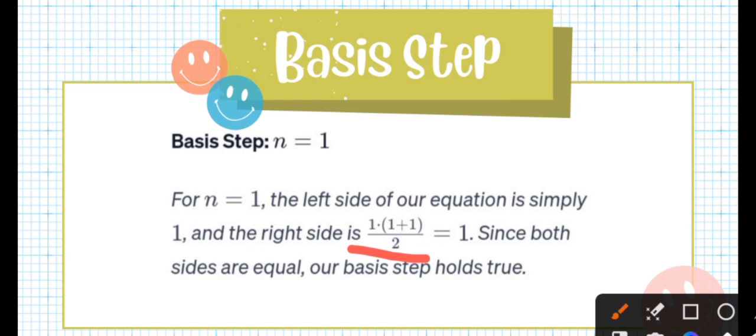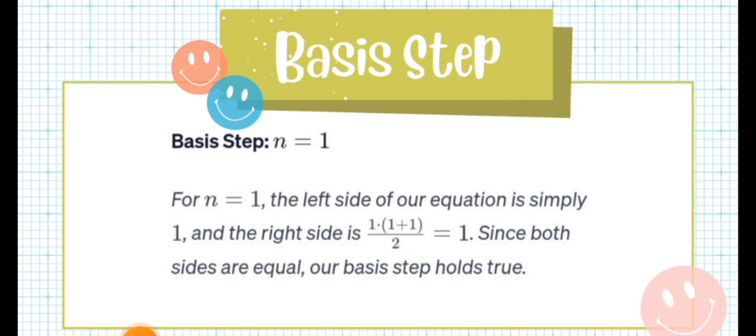If you know PEMDAS, we start with the parentheses, 1 plus 1, that is 2, and then times 1 is 2. So 2 all over 2 is simply 1. Since both sides are equal, our basis step holds true.